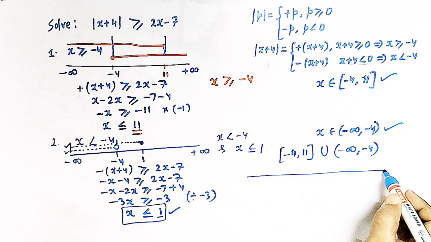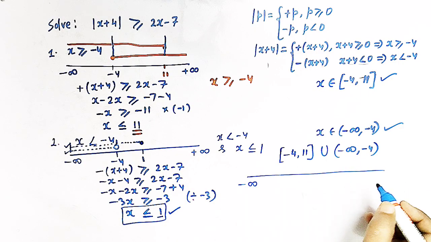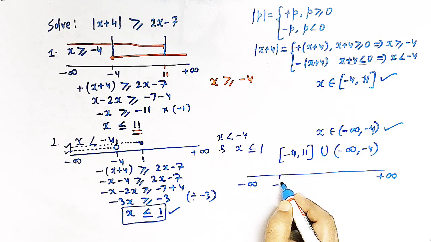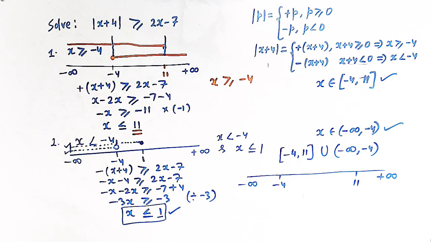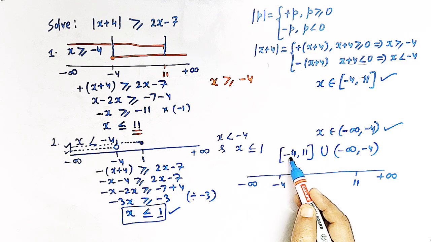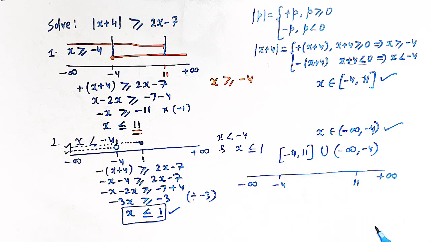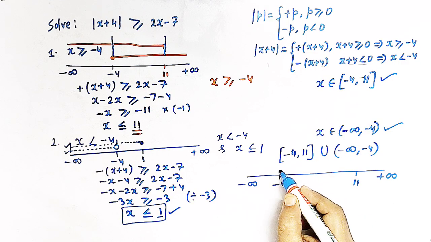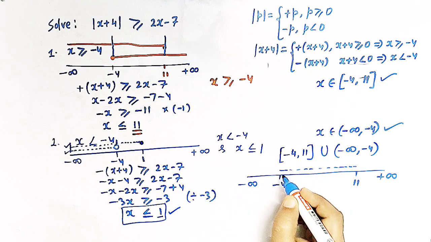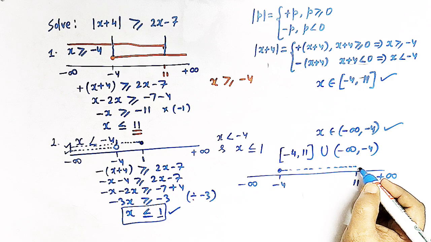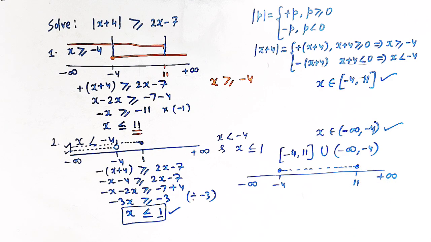So here we have the real number line, here we have minus infinity, here we have plus infinity, here we have minus 4, and here we have 11, right? So this interval, minus 4 to 11, is given by this region. Remember, here both the endpoints are included, right?